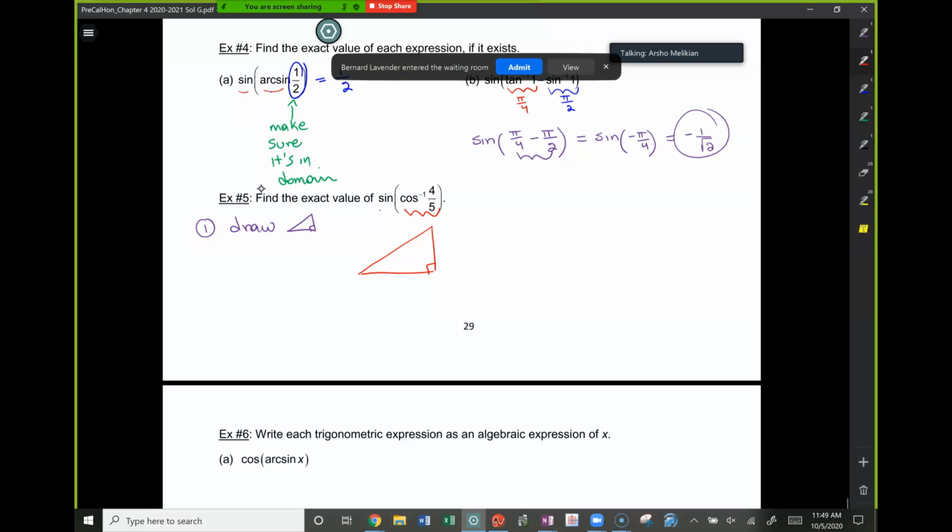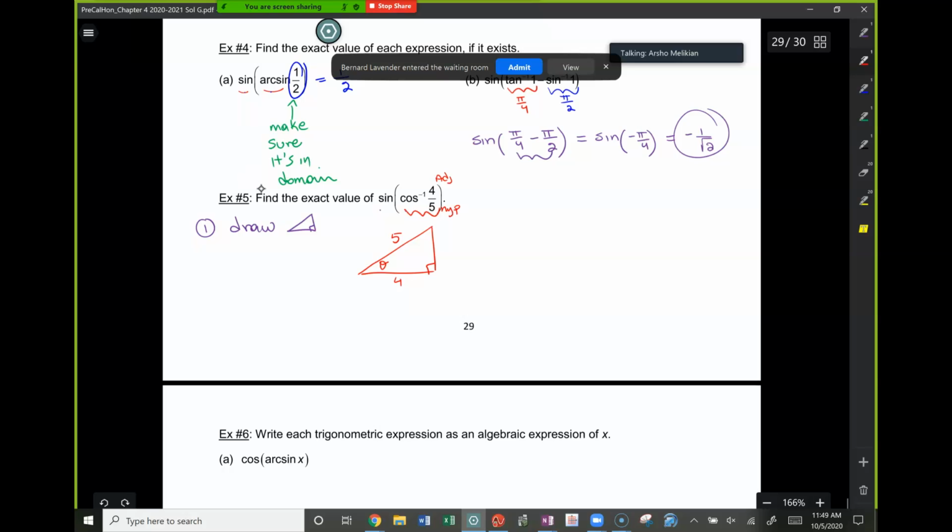So look at what that red part is telling me. It's telling me that there is an angle, the cosine of which is 4 over 5. So if this is the angle, how do you make it so that cosine is 4 over 5? Like this, right? Adjacent over hypotenuse.